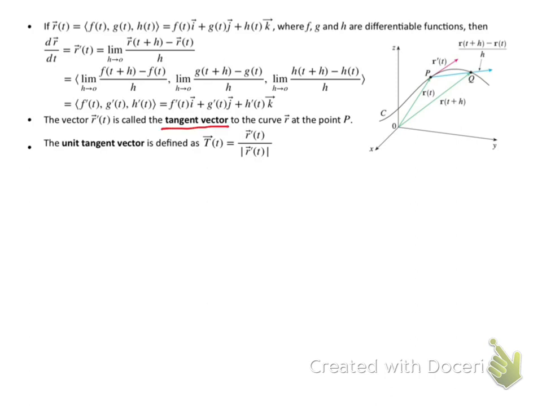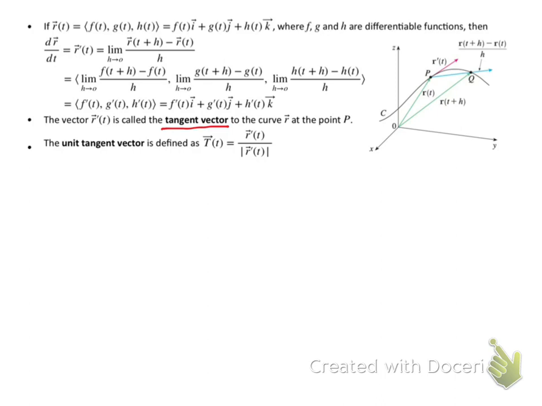For the tangent vector, what matters more is the direction, because it describes how the curve goes. That's why sometimes we want to get rid of the magnitude and only focus on the direction.